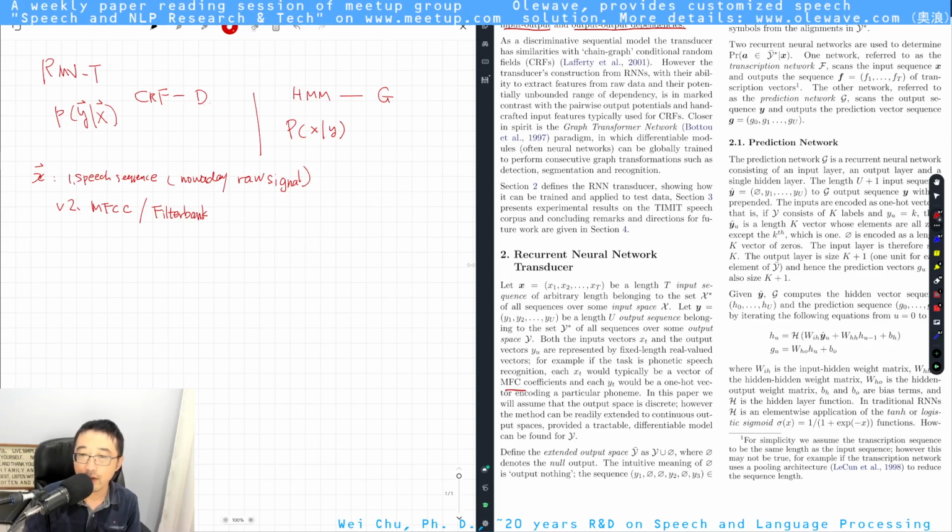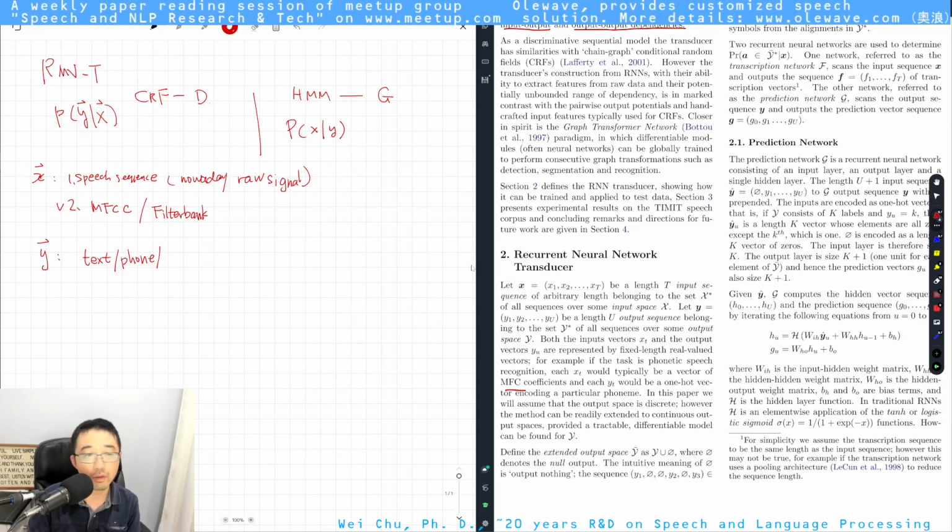And what is the output? Let me show you the notation over here. The vector y means a text sequence. But indeed, I think in his work, it's a phonetic sequence.